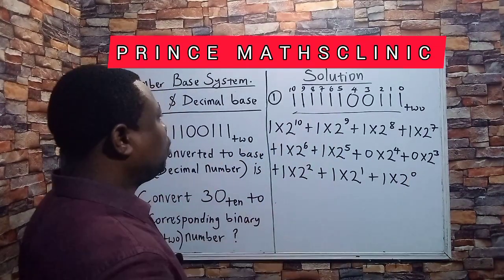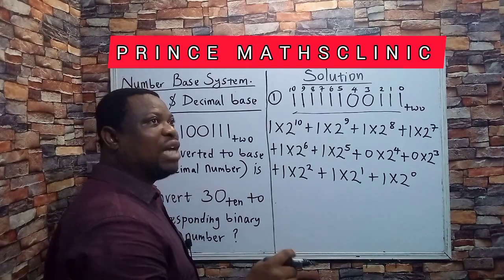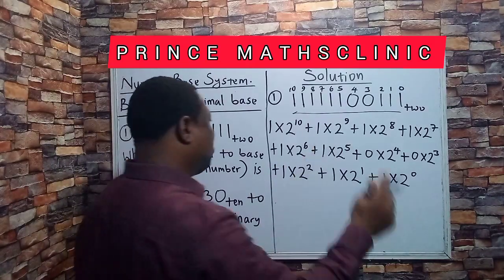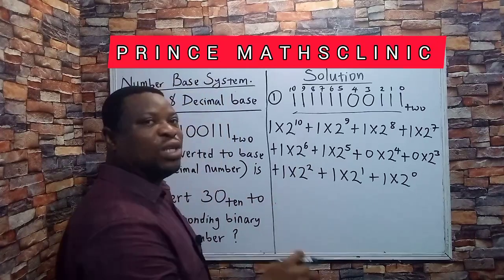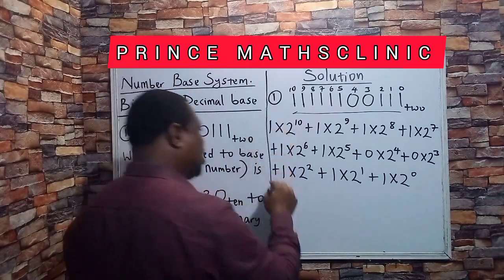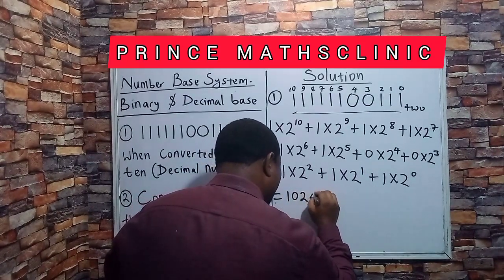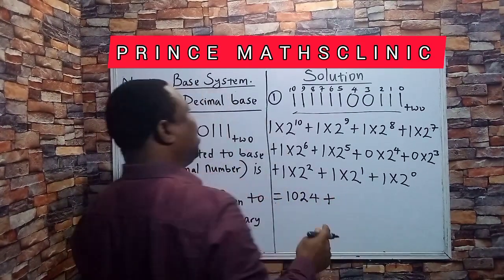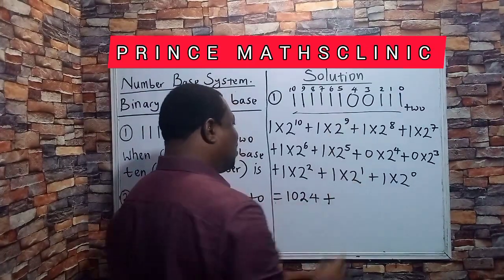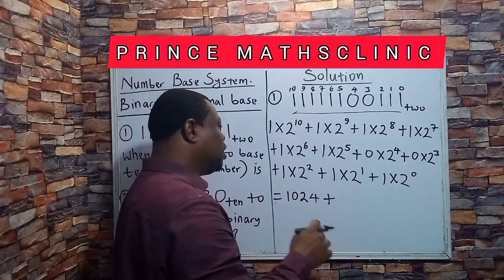Now, you know that 2 to the power of 10 is 2 in 10 places. 2 times 2 times 2 times 2 in 10 places will give you 1024. Then 1024 times 1 will still give you 1024. So I'll write 1024 here. Then 2 to the power of 9 will give you 512.